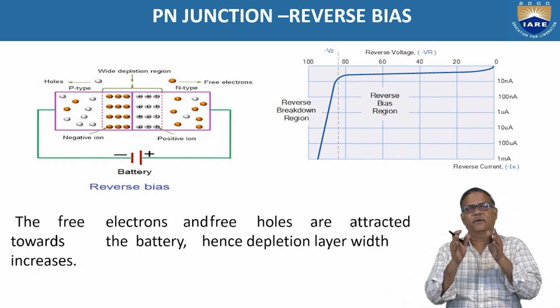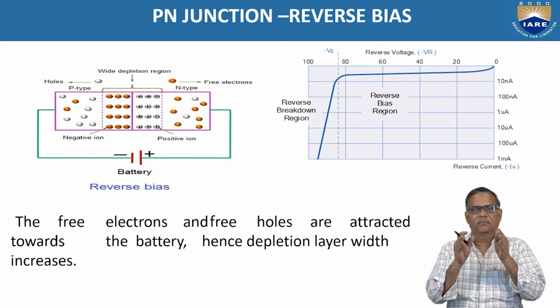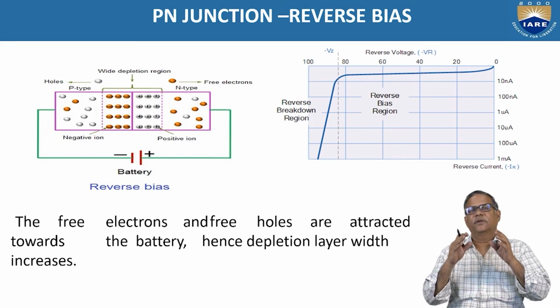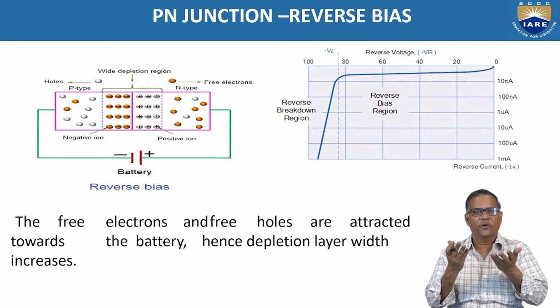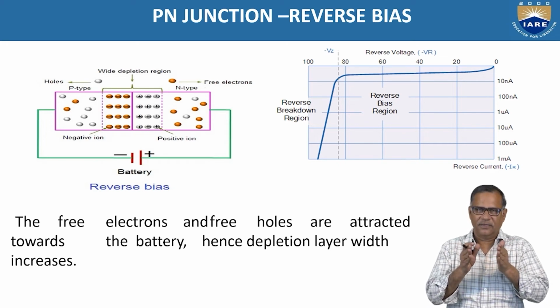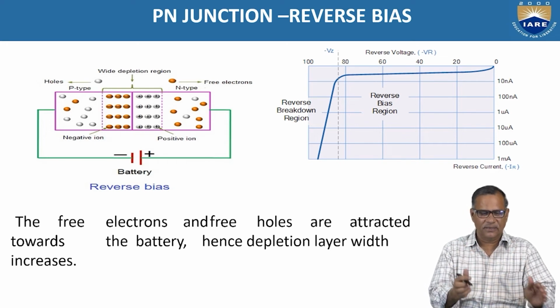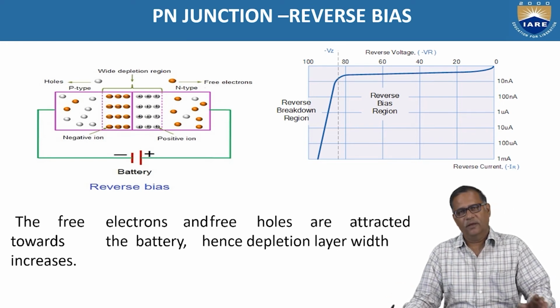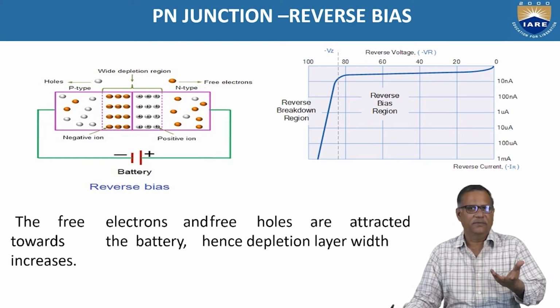So the number of ions becomes more the moment you apply a reverse bias. When there is accumulation of more ions at the junction, naturally the junction barrier width is increased, and this increases the barrier potential also. So practically we do not get any current.